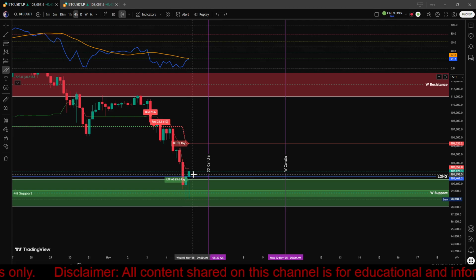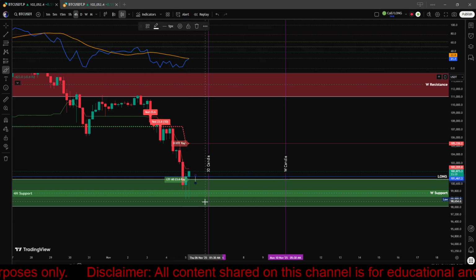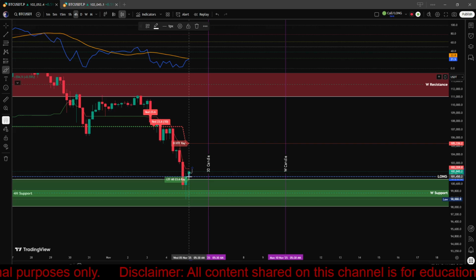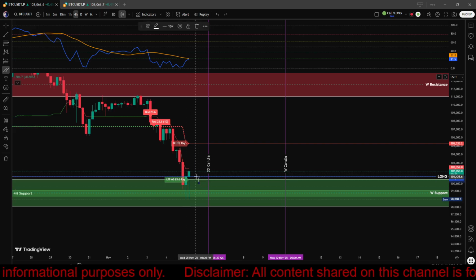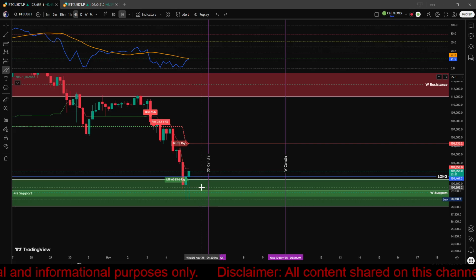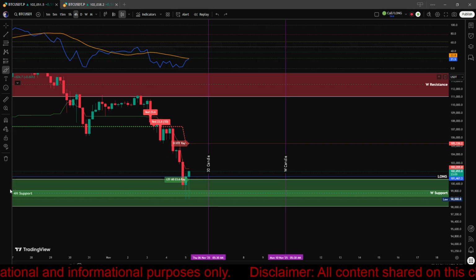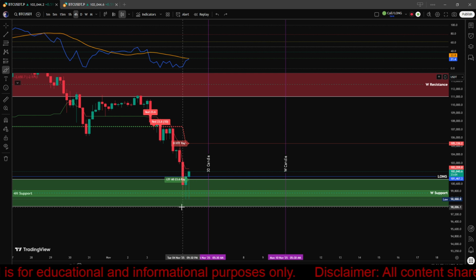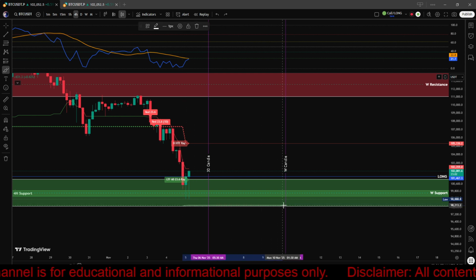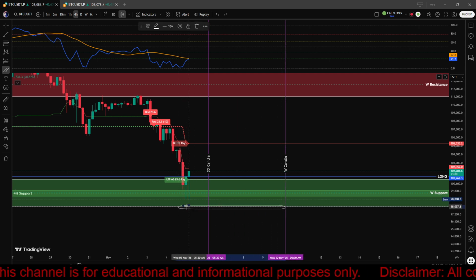If prices break this upper level after this ongoing activity, and after that break through this 4-hour support also, then the last support BTC has is this one.